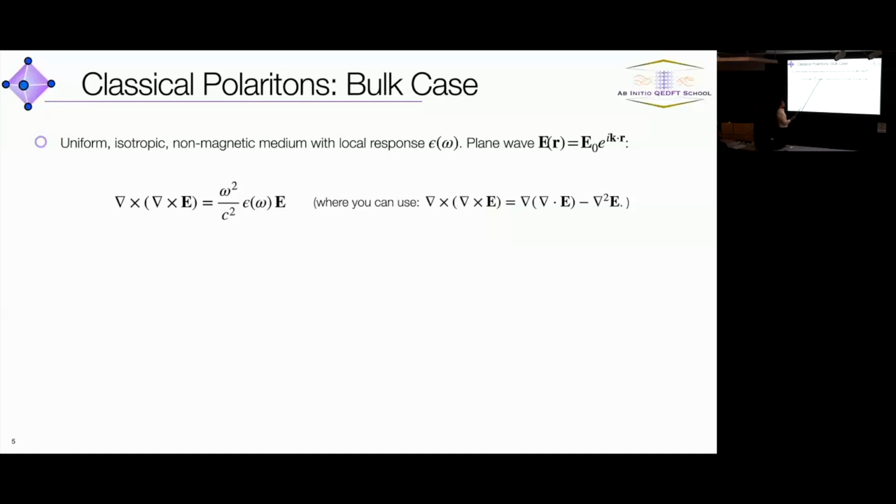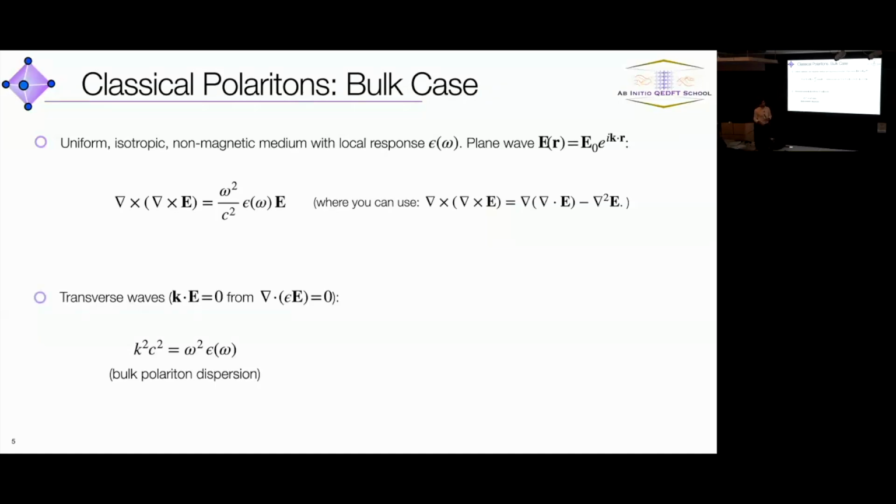You can see here that in the presence of matter, you have to take into account this epsilon. So epsilon is the response function of the matter. It tells you how a certain electric field is screened by the presence of the electrons in your material. So this is frequency dependent, and in principle it could also be space dependent.